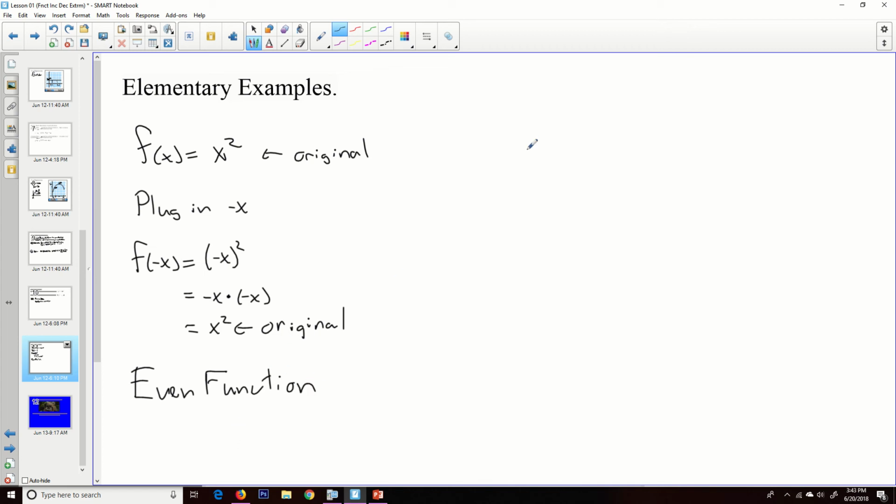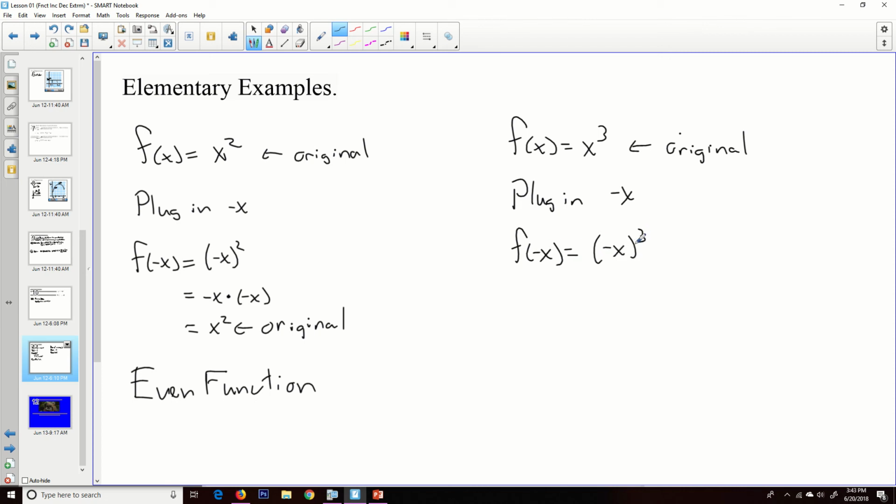If I took f of x equals x to the third, this is my original function. If I plug in negative x, I'll get f of negative x. That would be the same as negative x to the third, which we could write as negative x times negative x times negative x. Well, x times x times x is x to the third, but a negative times a negative times a negative is still negative.